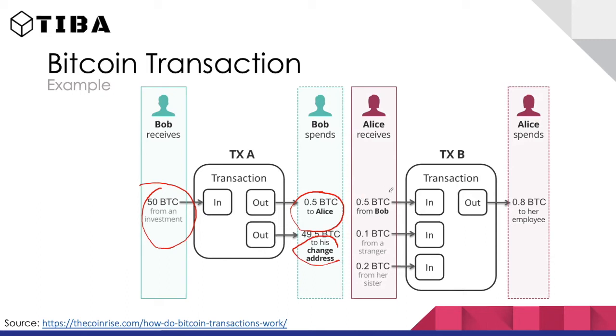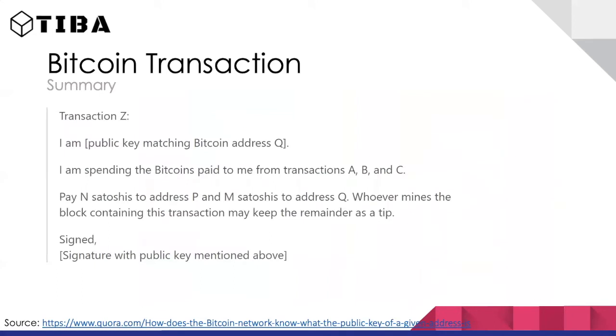Now Alice has 0.5 from Bob, along with 2 other people, some strangers, and together they want to spend all those and combine those payments into one and send it to Alice's employee. So you can see that you're able to break one payment down into multiple, or combine a few payments into one payment. Here's a way to summarize it. You can read it afterwards.